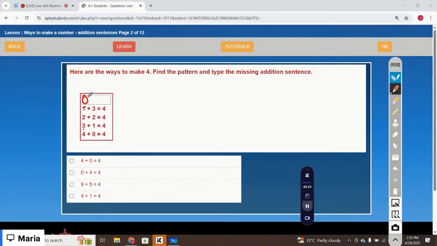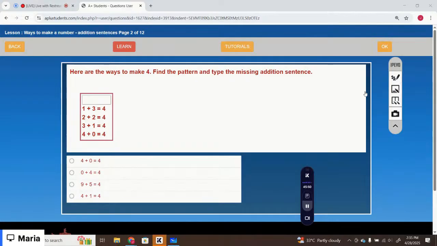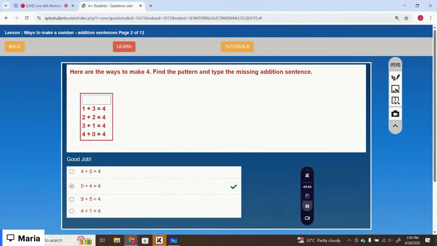So the missing number is 0. Now look at the second number 3, 2, 1, 0. The next one is 4. 0 plus 4 equals 4. Option number 2 is the correct option.